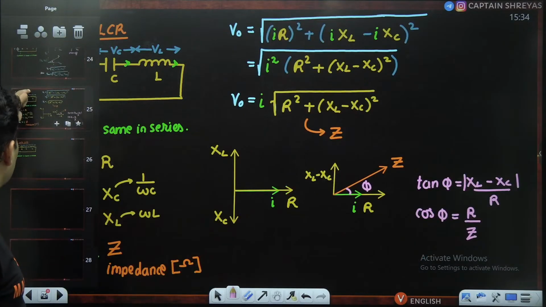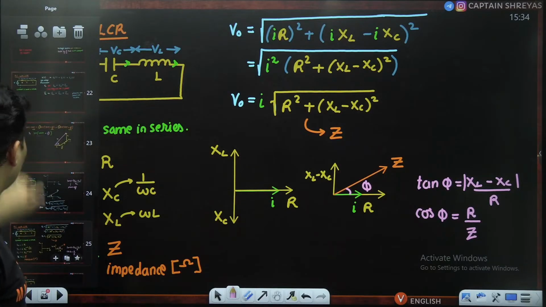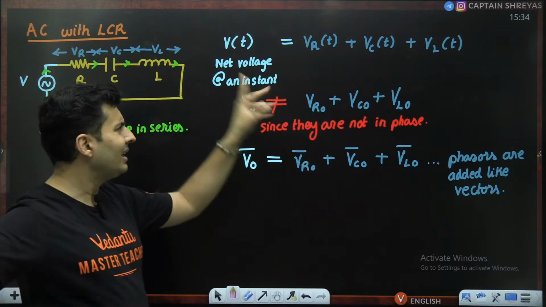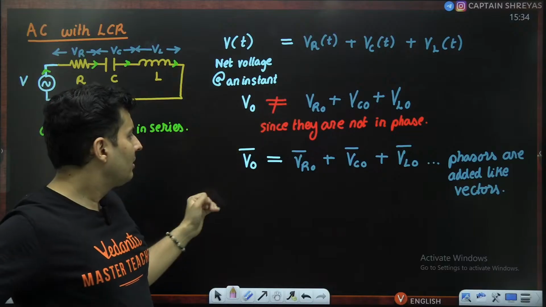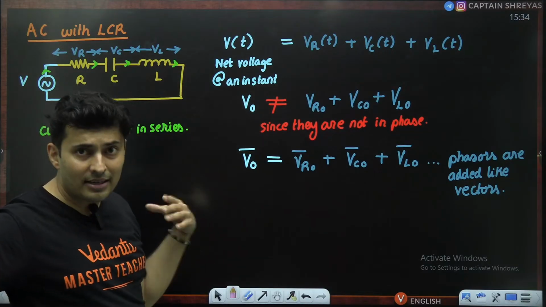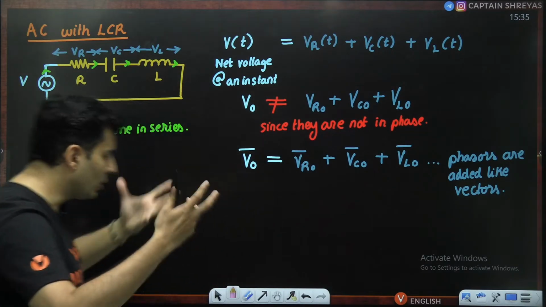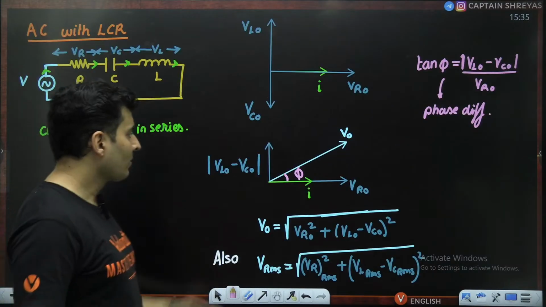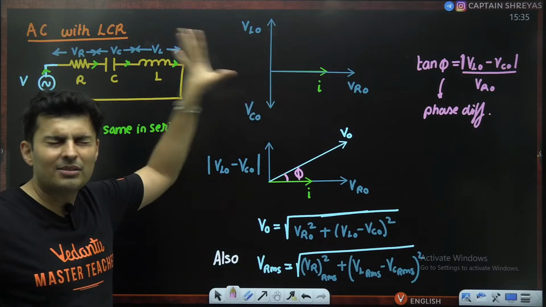Now that we have understood that, we can't add the voltage amplitudes directly; instantaneous, yes. We have to add the voltages like phasors, meaning you have to treat them like vectors. So you need to know who leads and who is behind. That's why this phasor diagram is very crucial.